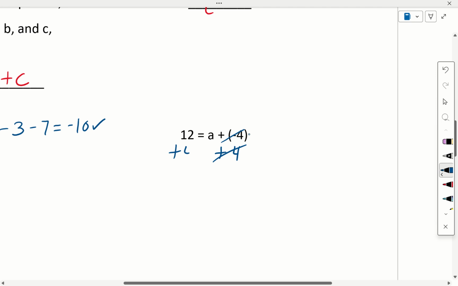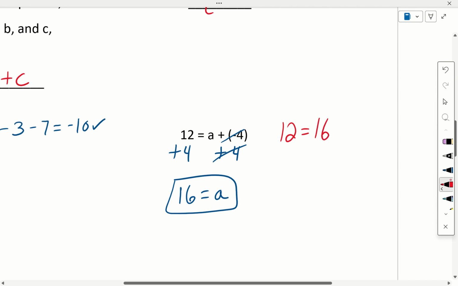If you add 4 on the right side, we have to also add 4 on the left. 12 plus 4 is 16, and we get a equals 16. You can have a equals 16 or 16 equals a. Either way is fine. Let's check this. 12 equals, instead of a, 16 plus negative 4. Is 16 plus negative 4 equal to 12? Yes, it is. That checks out.